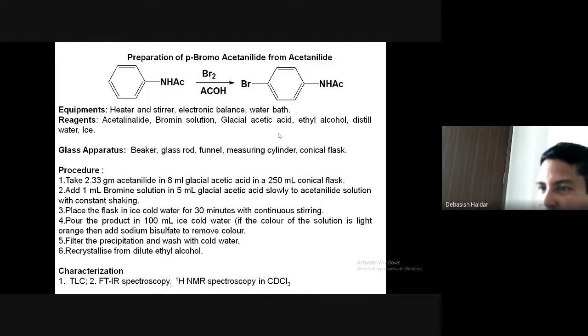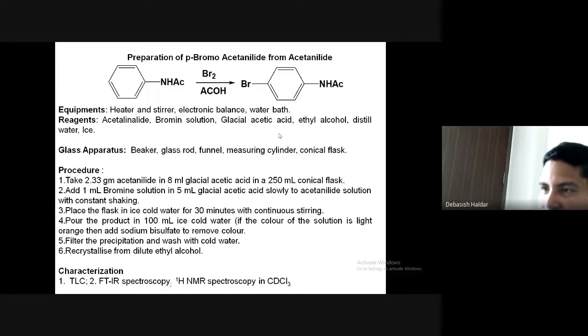After 30 minutes, we'll take it out and keep it on the table. The acetic acid comes back to its liquid form, and then we'll add 100 ml of ice cold water to that solution, and we'll get the para-bromoacetanilide.